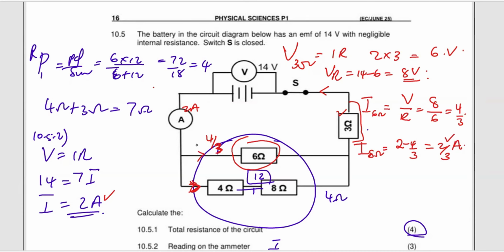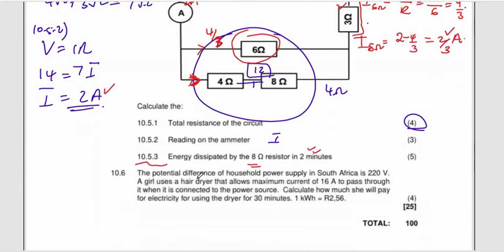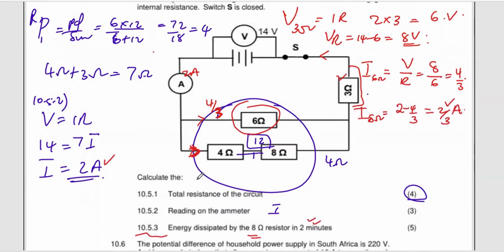What they want is the energy. For us to get the energy, we can use the power rating. We know that power is given as I... should we use IV or I squared R? Let's use I squared R. So we're going to have 2 over 3 squared multiplied by the resistance, which is 8. The 2 minutes need to be changed into seconds, so times 2 times 60.